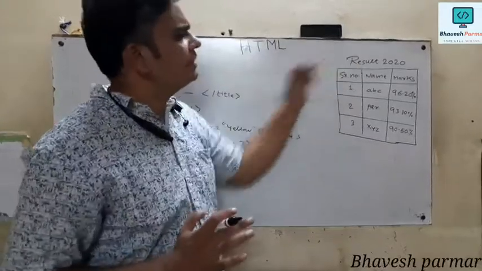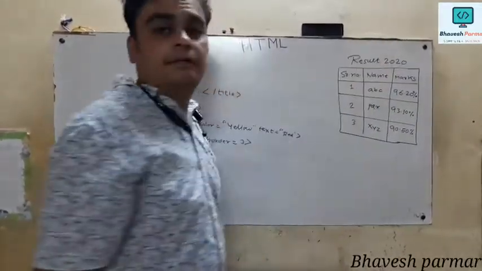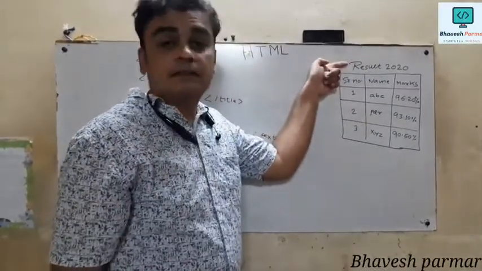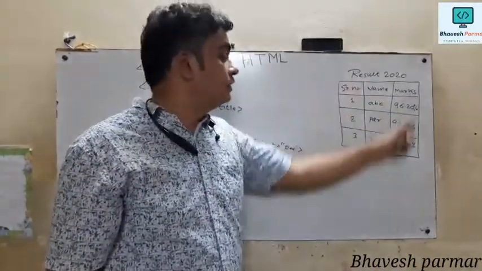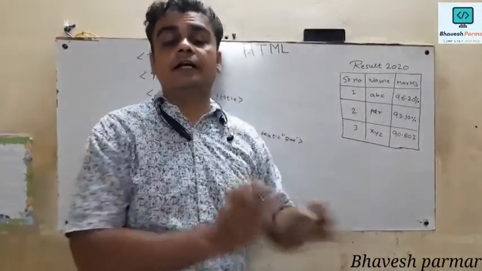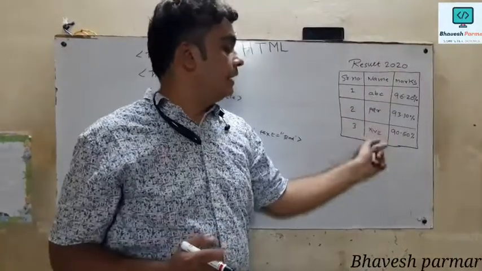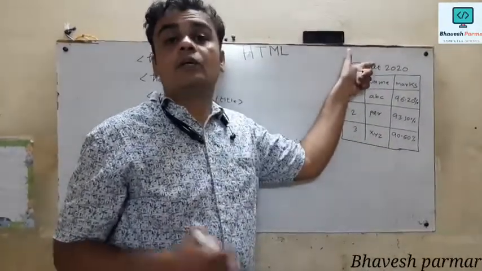But if we observe this table very carefully, Result 2020 is given. So what does that mean? This is a heading given to the whole table. So how can I represent it? Earlier we studied the caption tag, and this Result 2020 is displayed at the topmost position.